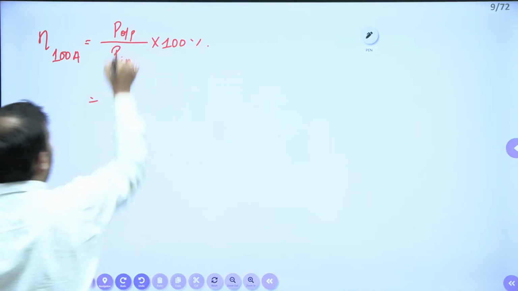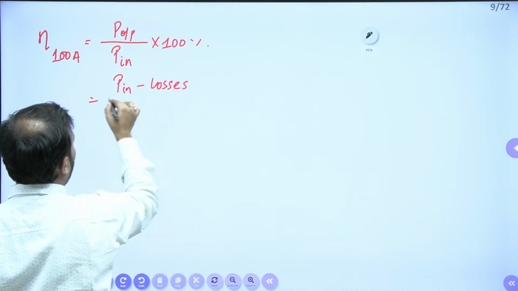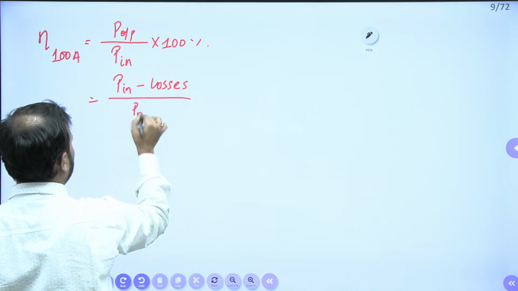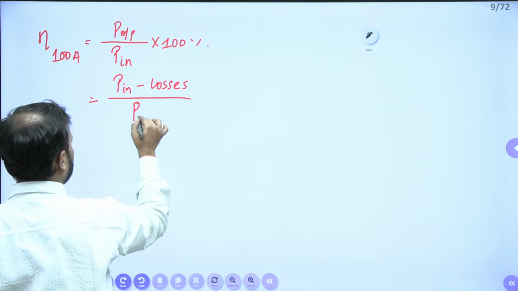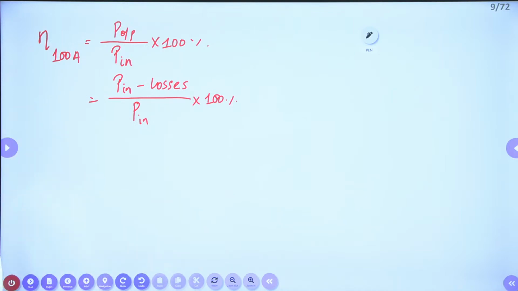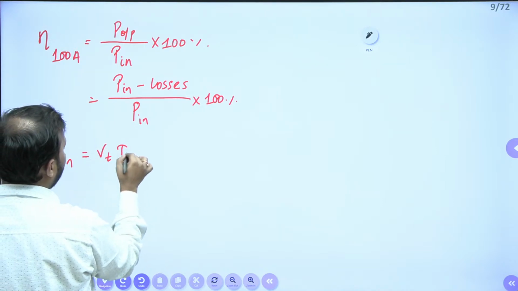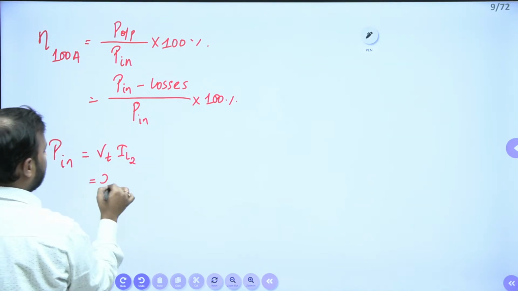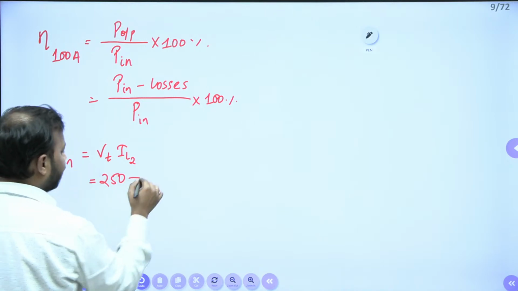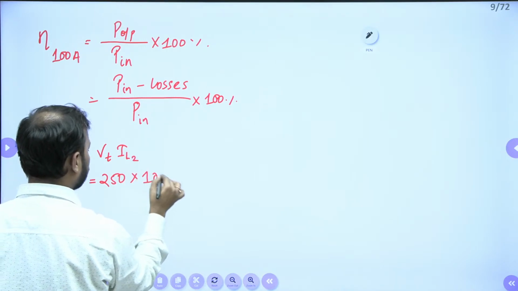So can I say efficiency is input minus losses, whole divided by P input, into 100%. What is input? Input is VT into IL2 for 100 ampere. VT is 250 into 102.